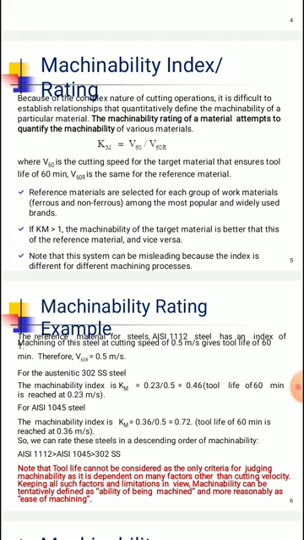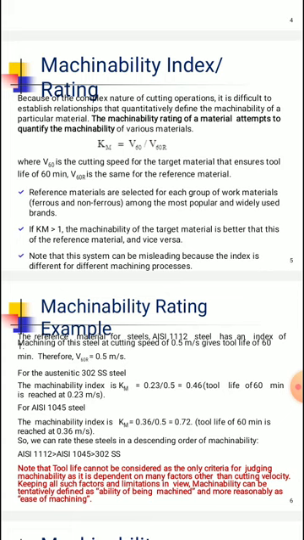Now just take some target material. Suppose we have to perform an operation on austenitic steel, which belongs to the family of steel. For instance, the austenitic steel 302 SS has a machinability index. How will we define its machinability index?